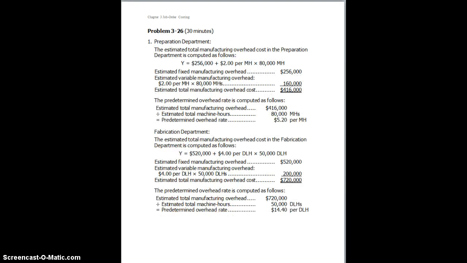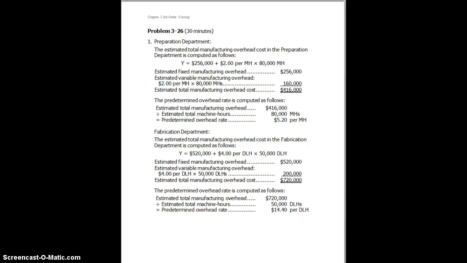Okay, we'll now begin our discussion of problem 3-26, which is on page 125 and 126. This involves a company named Woodgrain Technology, which makes home office furniture. And there are two departments in this manufacturing facility: a preparation department, which bases its overhead on machine hours, and a fabrication department, which determines its predetermined overhead rate based on direct labor hours.